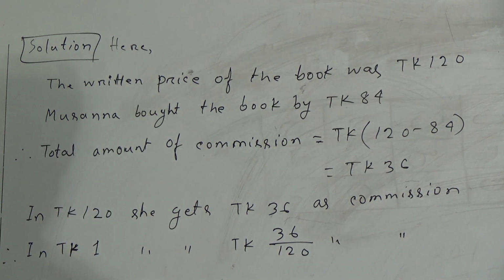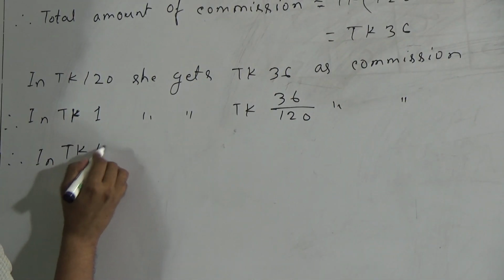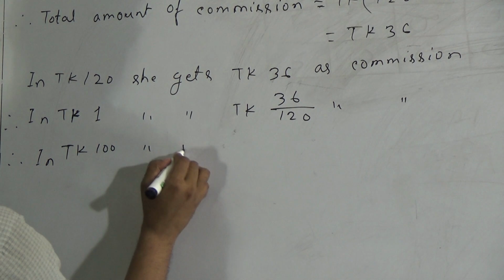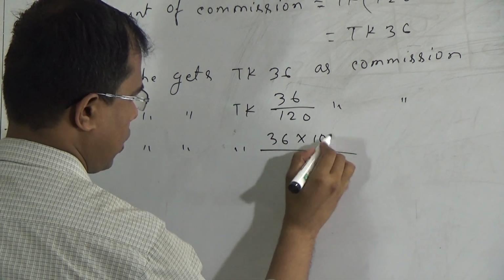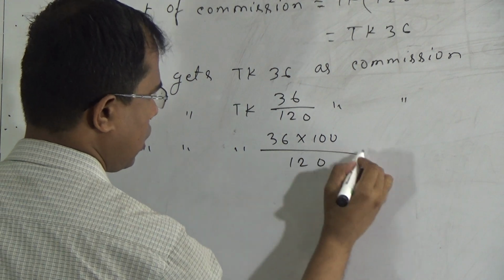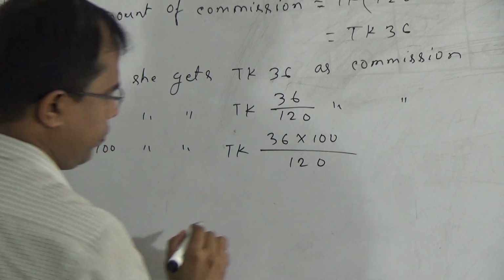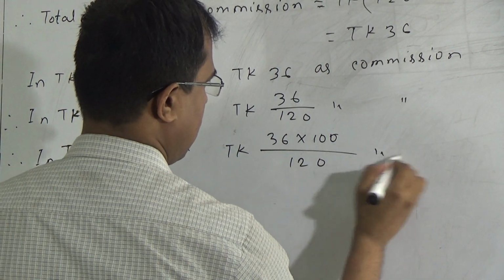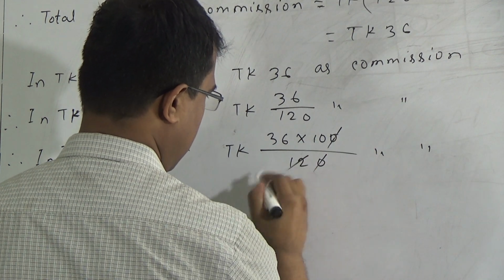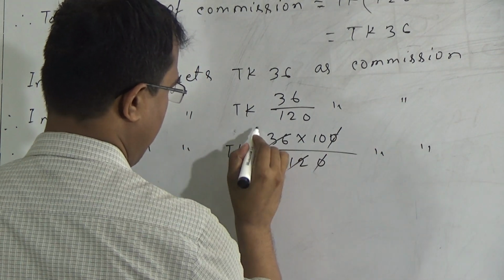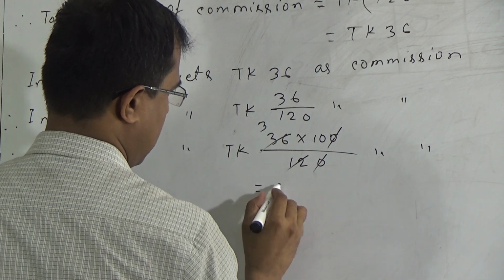Now we have to find out the percentage. So in TK 100, she gets TK 36 multiplied by 100 by 120 as commission. Now we can cut this 0. 3 12s are 36. Now 3 multiplied by 10 is equal to 30 taka.